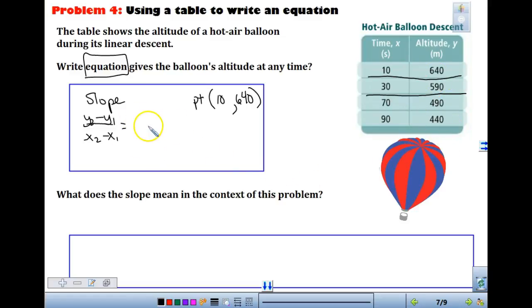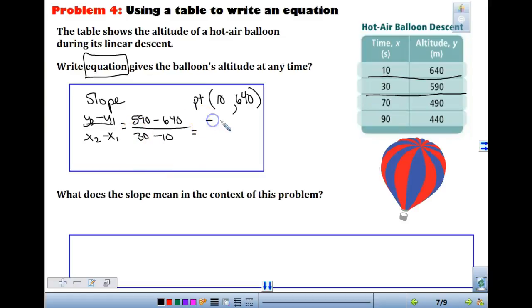All right, so if we do that, we are going to be taking 590, right, minus 640. And if I do the 590 first, I must take 30 minus 10. So if we are looking at our slope, please change yours when you're looking at this. So we're going to get what when we subtract it?